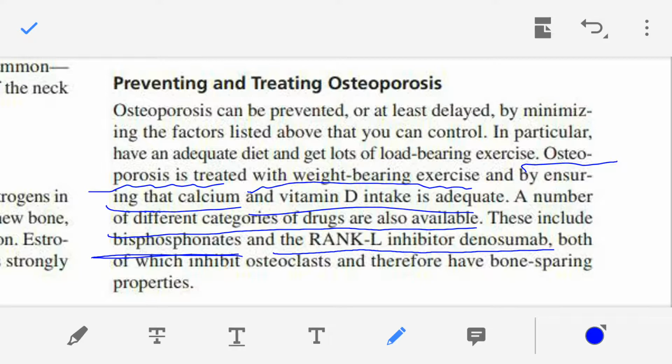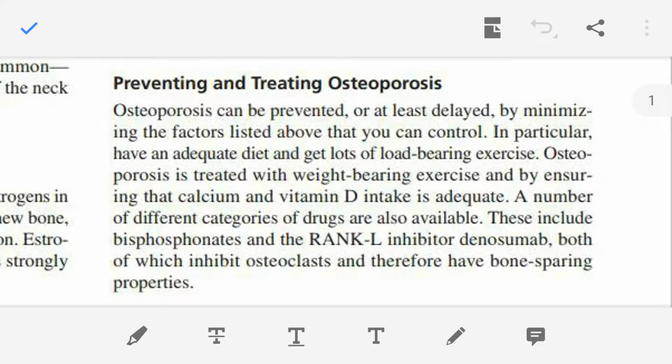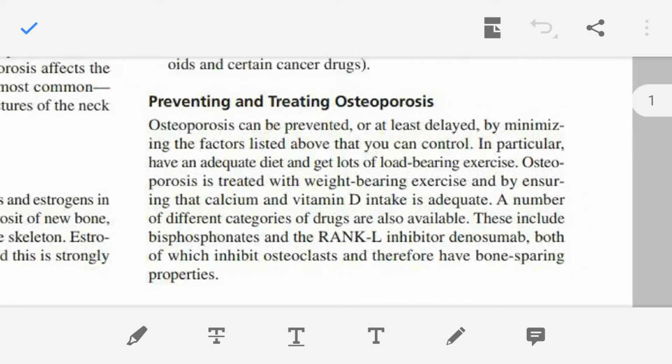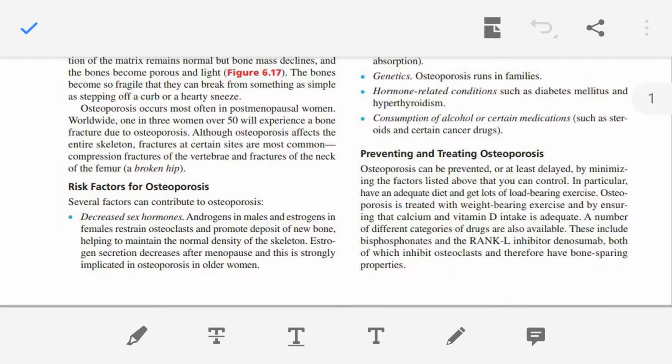Both these drugs, bisphosphonate and RANKL inhibitor denosumab, inhibit the activity of osteoclasts, and they promote bone deposition. So this is about the treatment and prevention of osteoporosis.